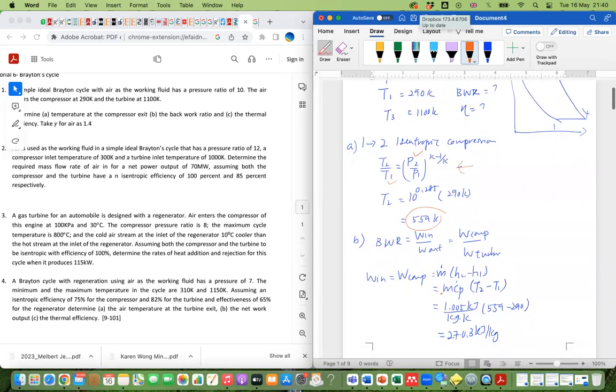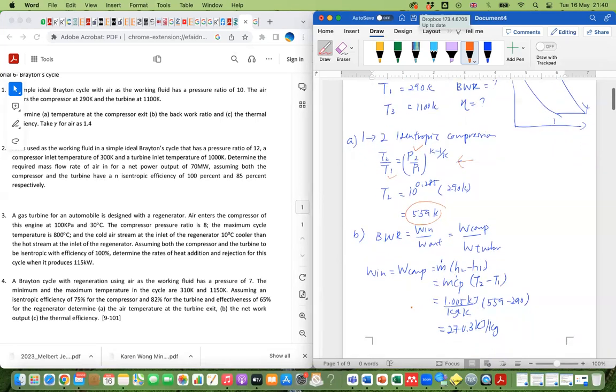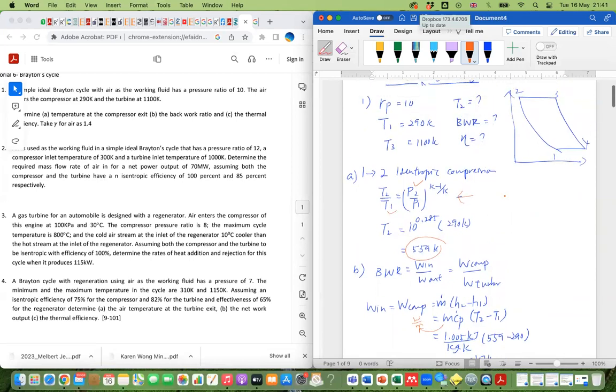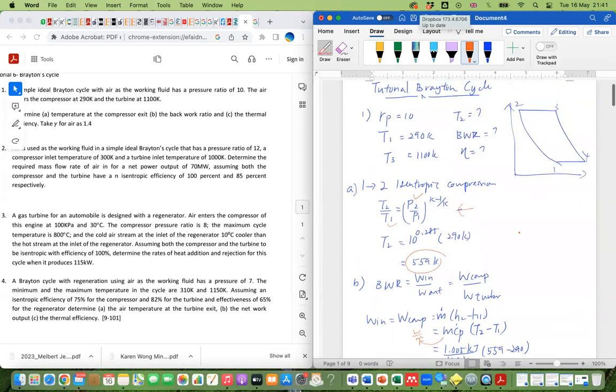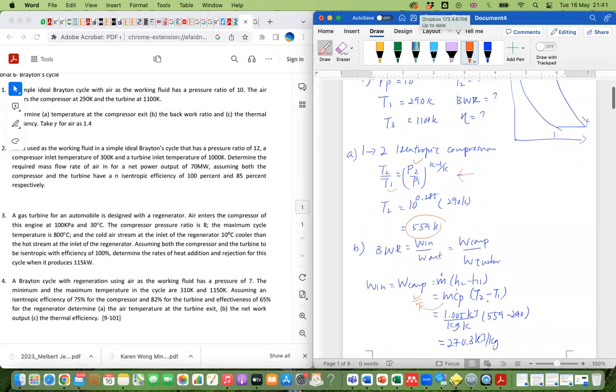I can move the m across, so this becomes W over m, and the value is per kg. This is Cp times (T2 minus T1). Since we have T2 and T1, it's easy for us to get our work in.